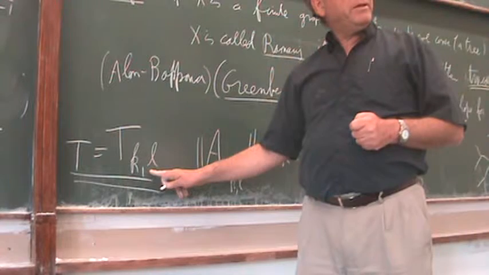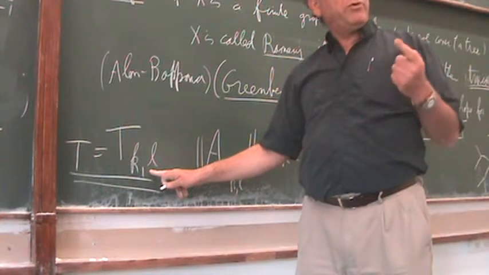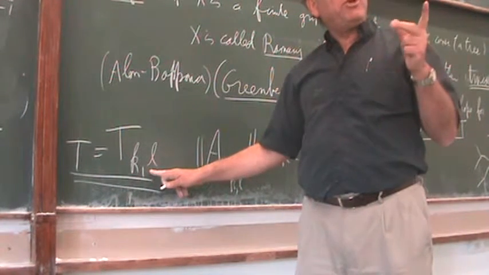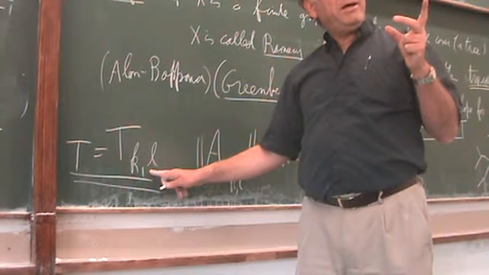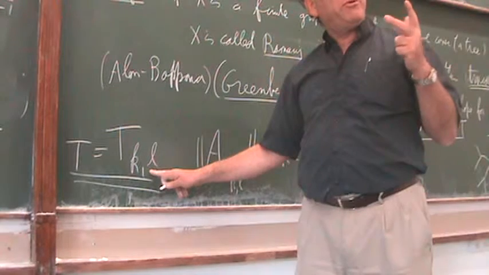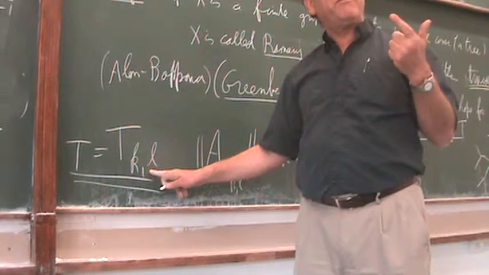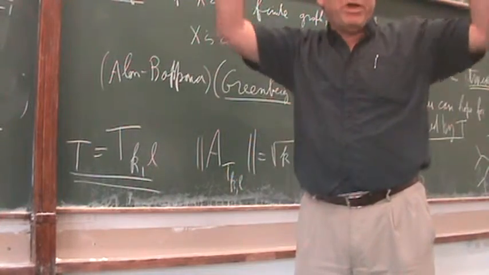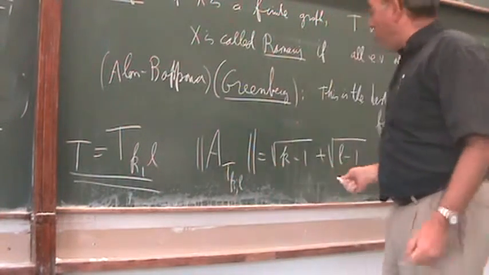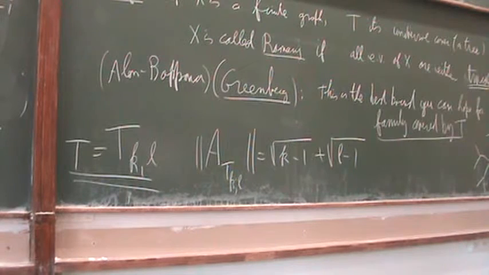It's not connected. So in the definition of Ramanujan, you can give two different definitions of what it means for a biregular graph to be Ramanujan. You can claim that all the eigenvalues are bounded by this number, or that they are really in the spectrum. And I'm not sure if this is different.